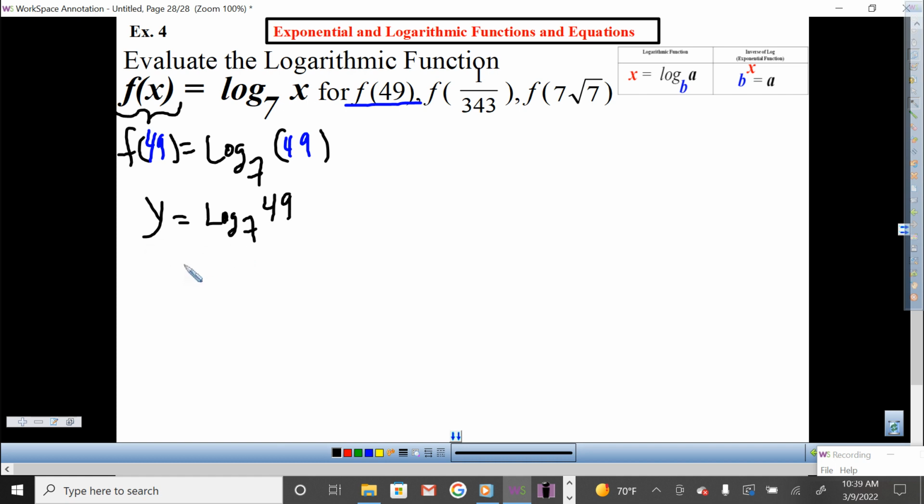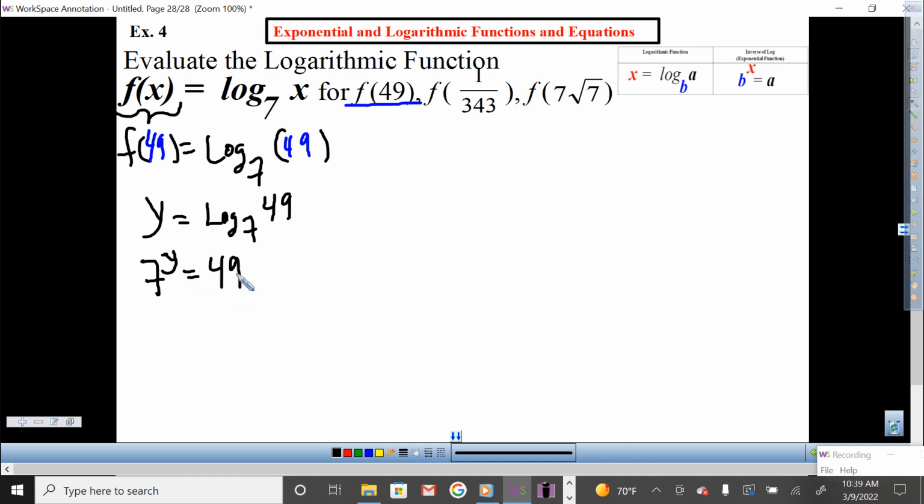Justin, what would be our next step? Okay, tell me what to write. 7 to the y equals 49.